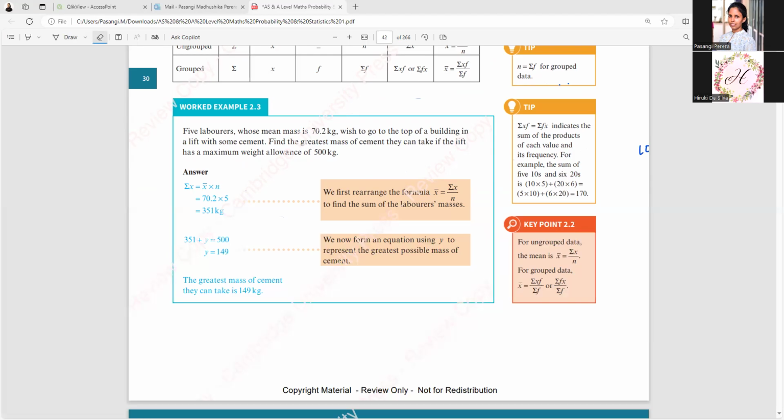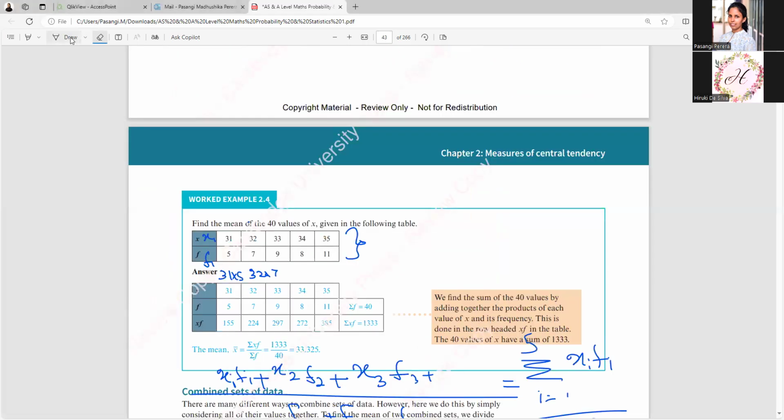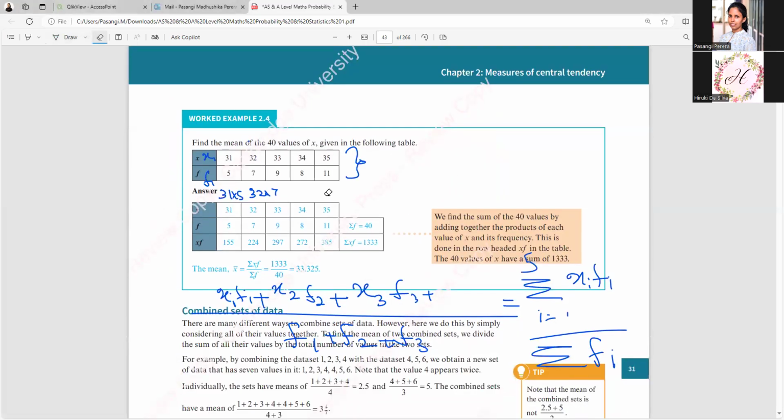Okay, it's clear. Then that part is also done. This example we already discussed, so that one is also fine.